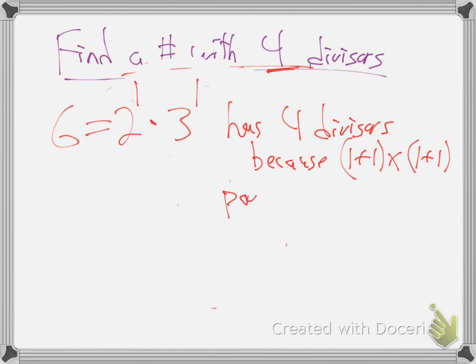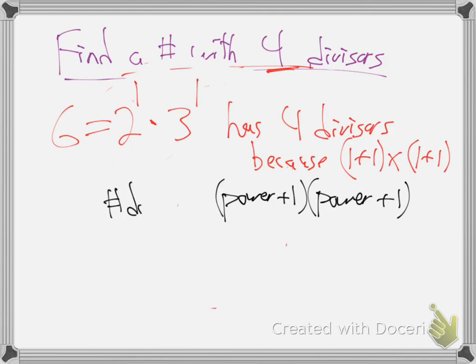You take the power plus 1 times the power plus 1. That's how you know the number of divisors, right? Power plus 1 times the power plus 1.